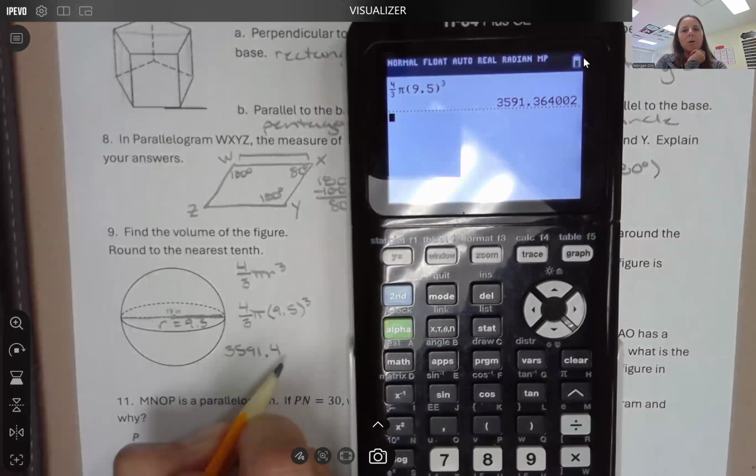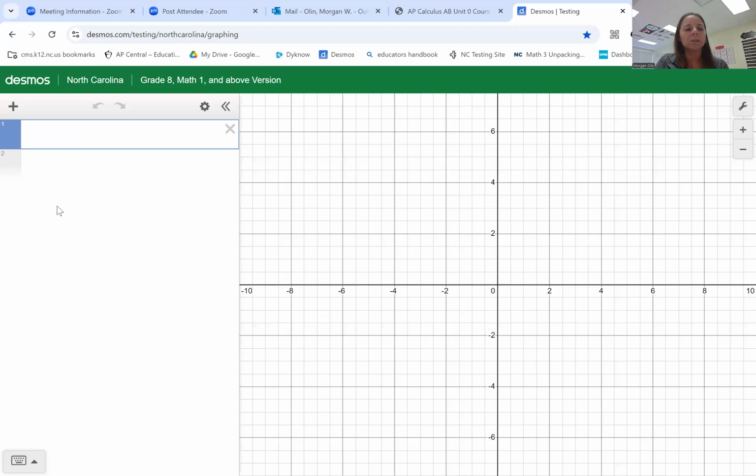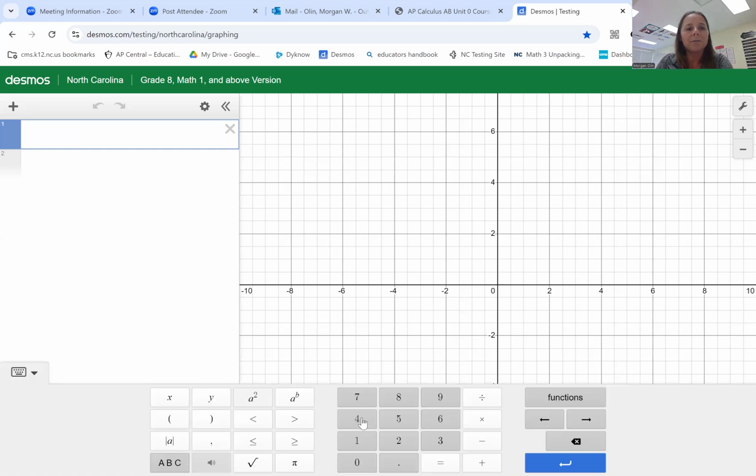Now, let me jump over to Desmos right quick, just to show you this. Here, you can use your keyboard to type, or you can use this keyboard that's down here. But we can say 4 divided by 3. And if I arrow out over here, now pi, I want you to notice where the pi is down here. Look at the keyboard, I'm circling it.